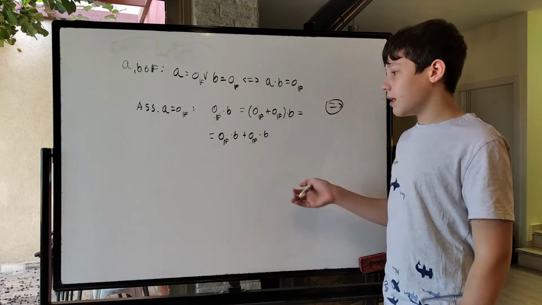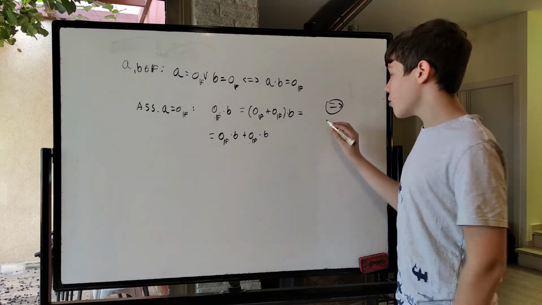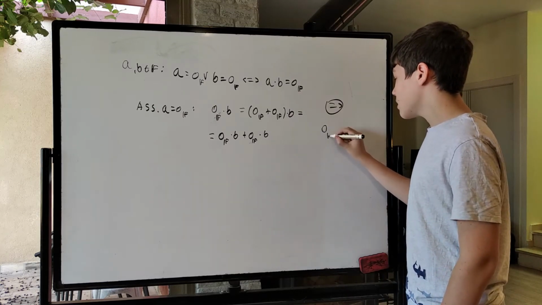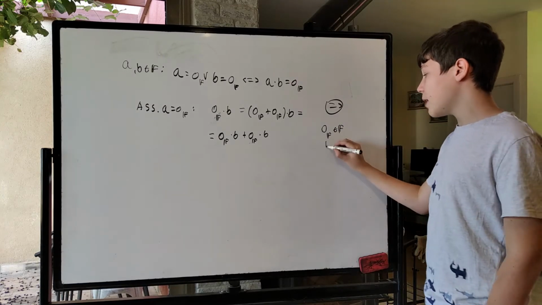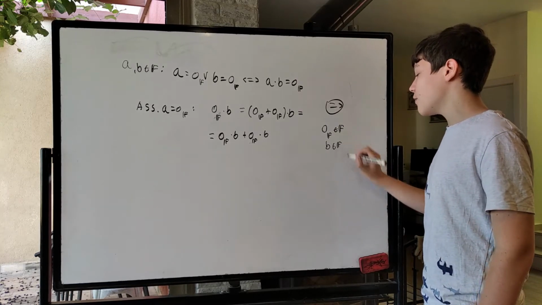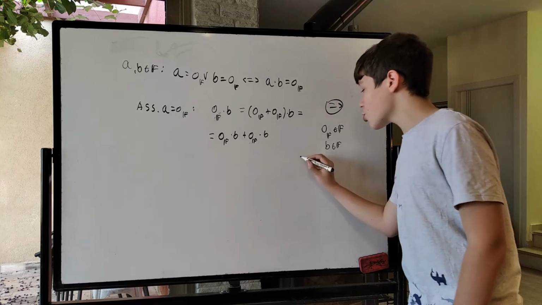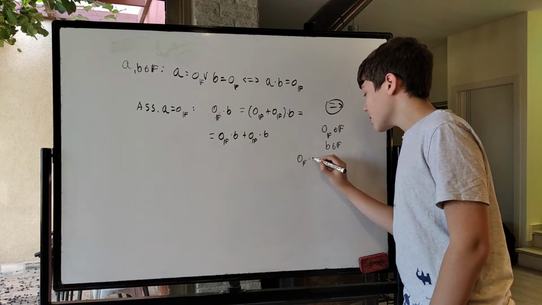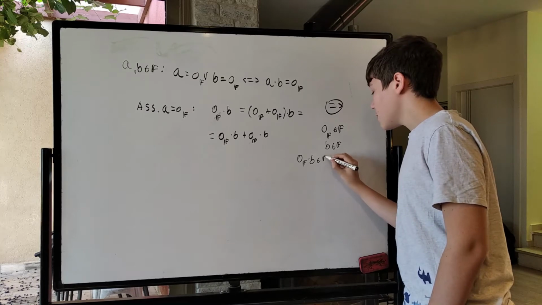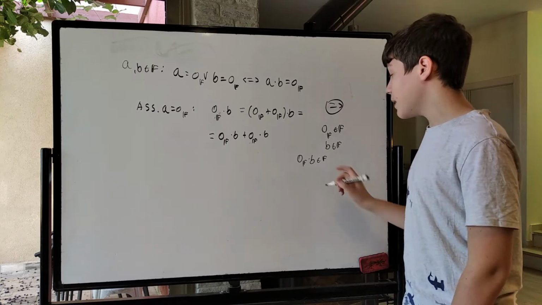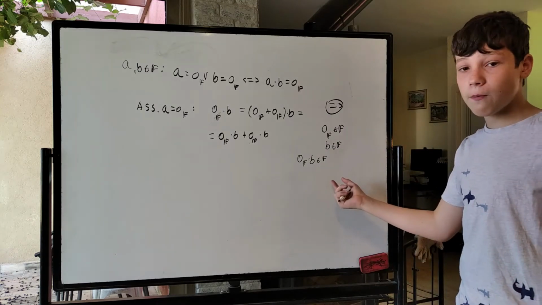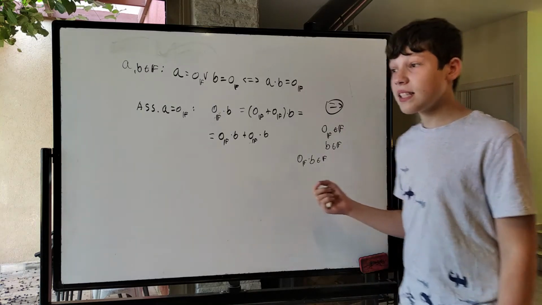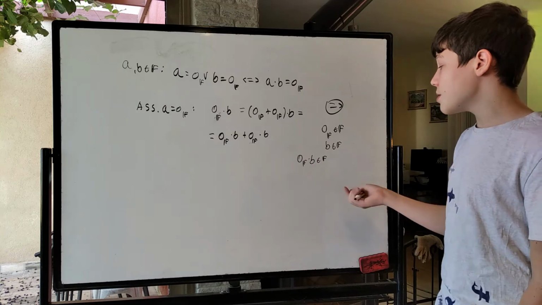0, by its definition, of course, is in the field F. It has to be. And we defined b such that it's in the field F. So by closure, 0 times b has to be in F. But because this number is in the field F, if we just look at it as a number in F, that means there must exist an additive inverse to this number.